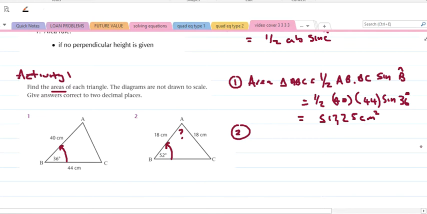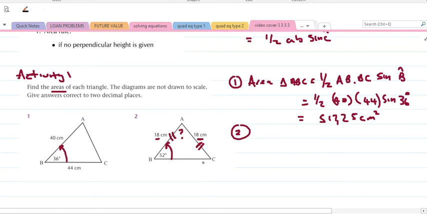So that poses a problem, because we did say that we needed two sides and the included angle. But if we closely examine the diagram, we notice that the 18 and the 18 makes this an isosceles triangle.